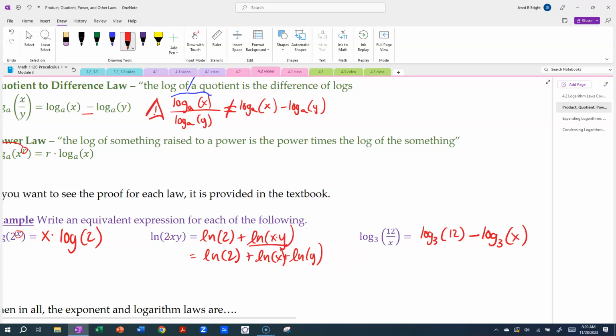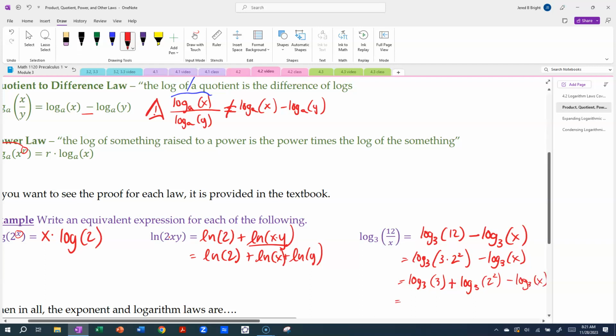If you are an overachiever and you really want to, you could say this is log base 3 of 3 times 4, and really 4 is 2 squared. This is being super overachiever. You could say this is log base 3 of 3 plus log base 3 of 2 squared minus log base 3 of x.